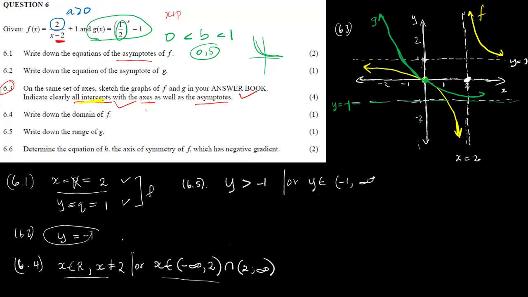And for infinity, we always use the round bracket because infinity is a number that we do not know, so we can't include it. It's just a long number that we do not know. Do we understand? So that's how you can write the domain and the range of these functions. Before I jump to 6.6, do we understand how to determine the domain and the range?